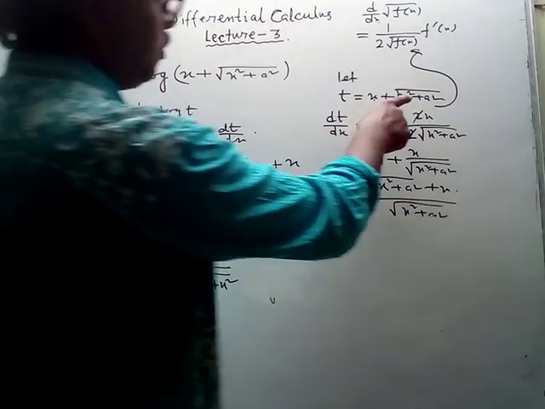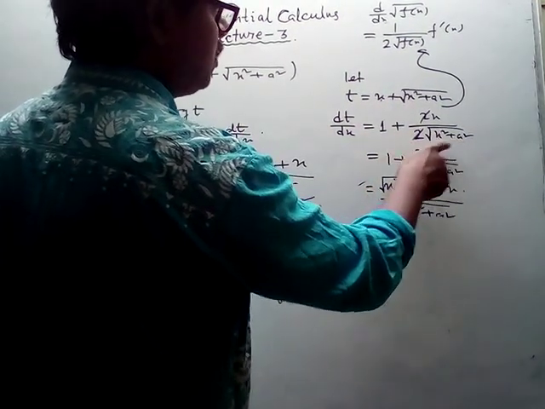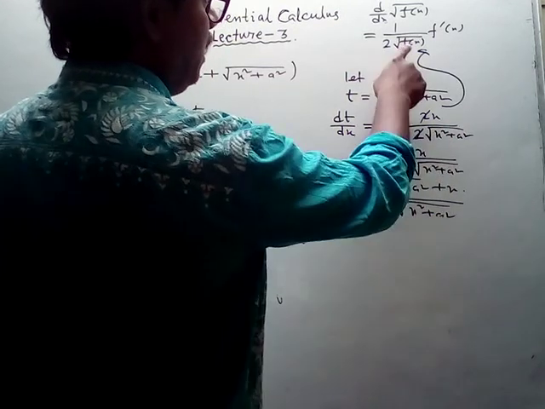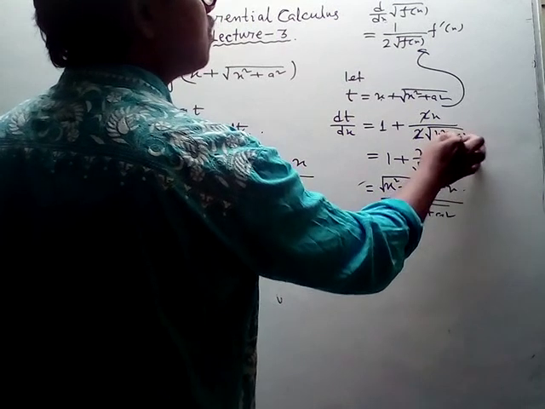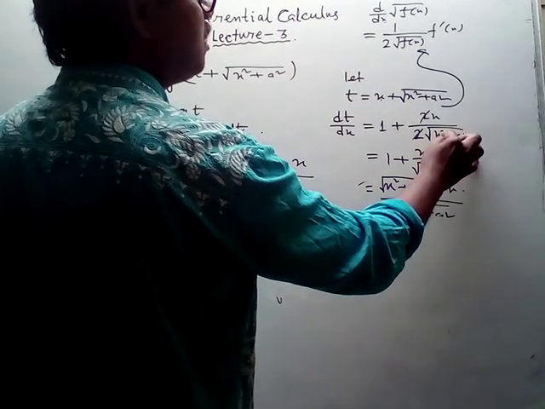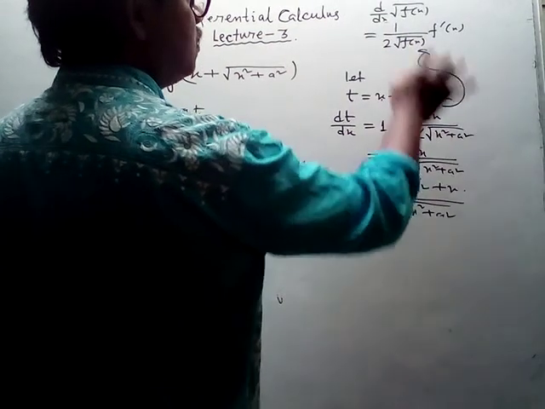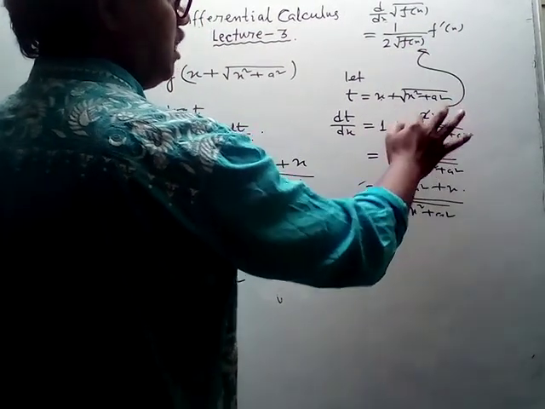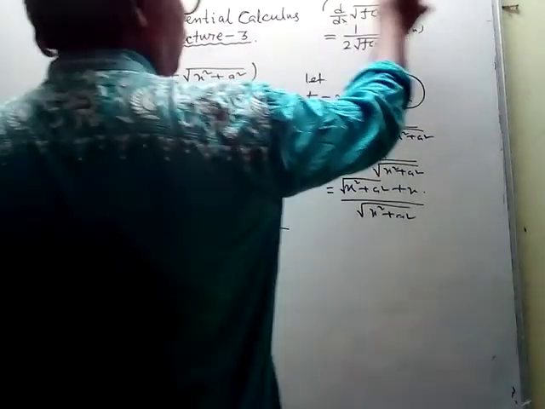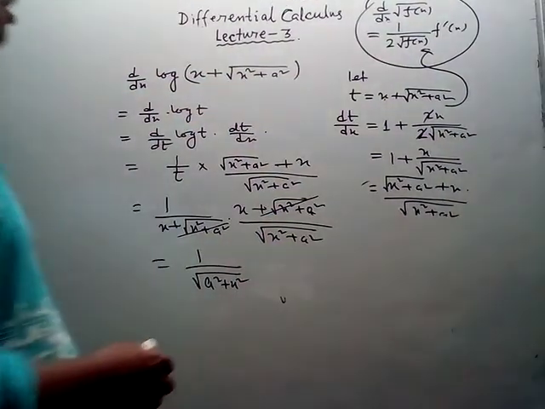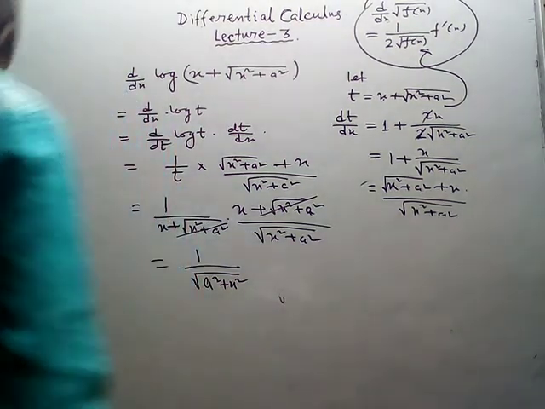I have applied this formula. Here f(x) is x square plus a square, and f dash x is the derivative of x square plus a square, which is 2x plus 0, that is 2x. The 2 cancels. This is the most important formula: d/dx of root f(x) means 1 by 2 root f(x) into f dash x.